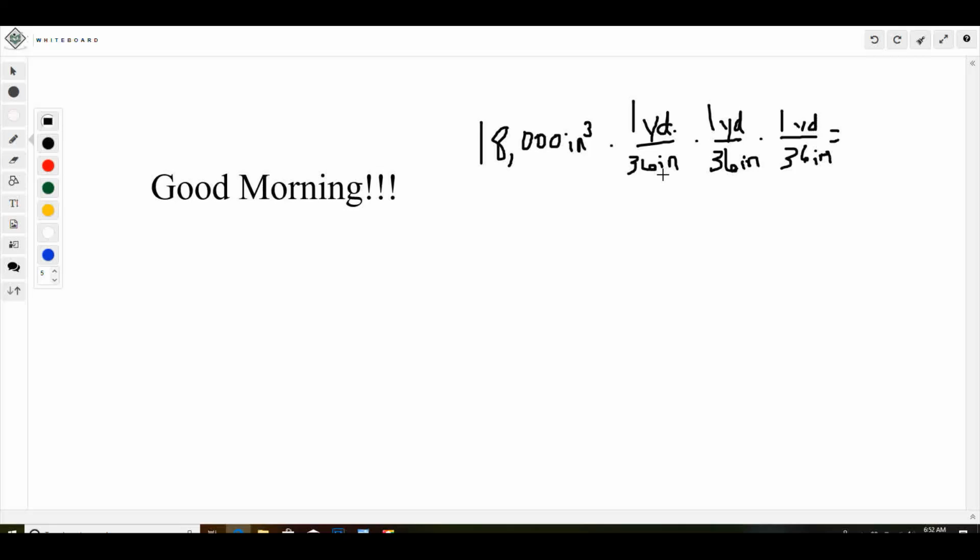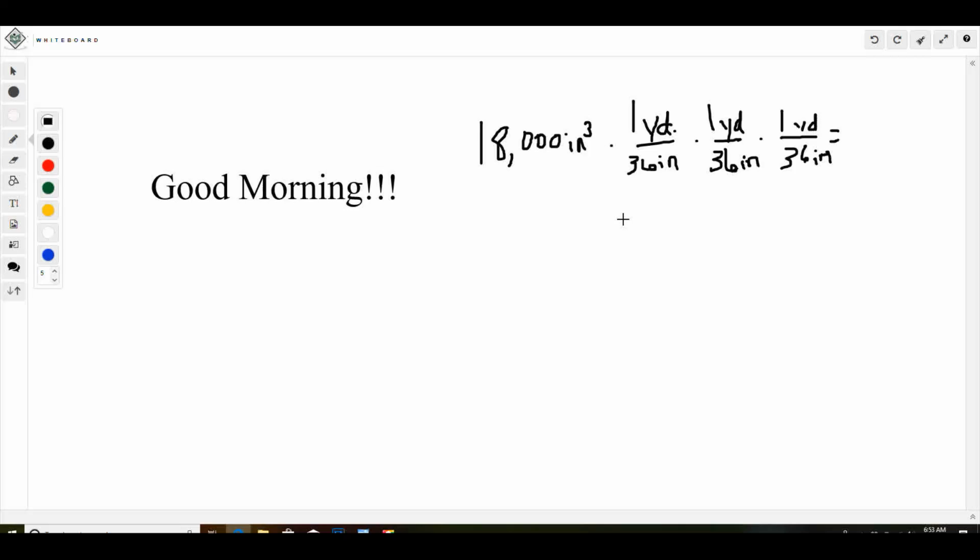Like they showed us in our workbook, they showed us the ratio between cubic inches and cubic feet. We are not given the ratio between these. We could figure it out, but it would take us a while. So we might as well just write it this way. Do you understand why we did it 3 times? Now, if we knew the ratio between cubic yards and cubic inches, we would have just written 1 ratio here, but we don't. So that's why we did it 3 times. Also, if we were doing square inches, we would do it only 2 times. But since we need 3, we're doing it 3 times.